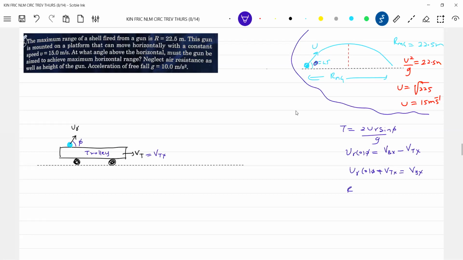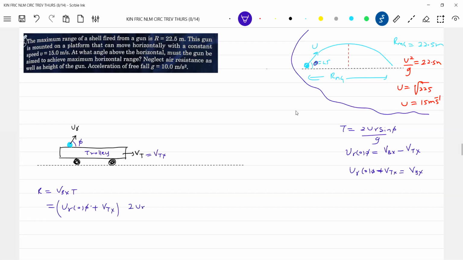Now what is the range? Range should be equal to Vbx into time of flight. What is Vbx? UR cos phi plus Vtx.